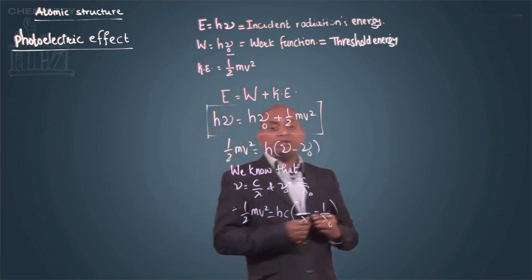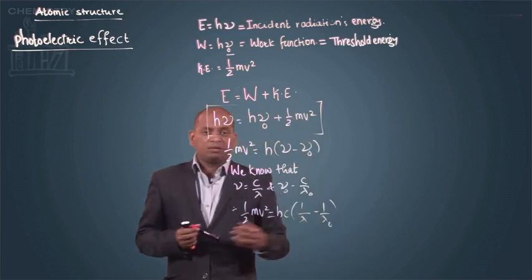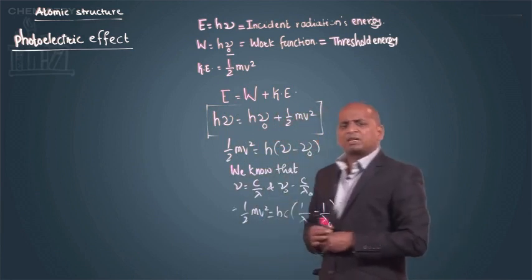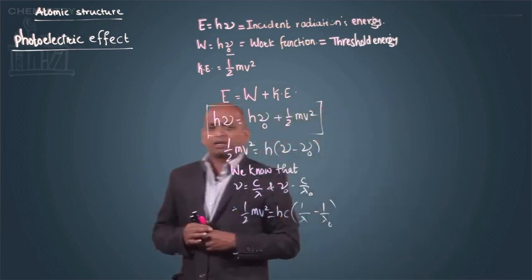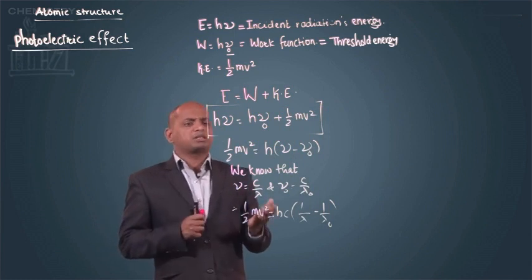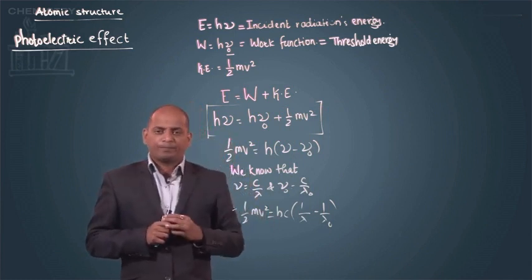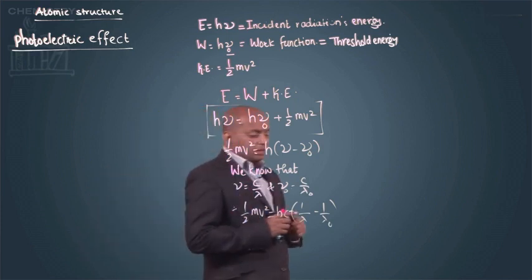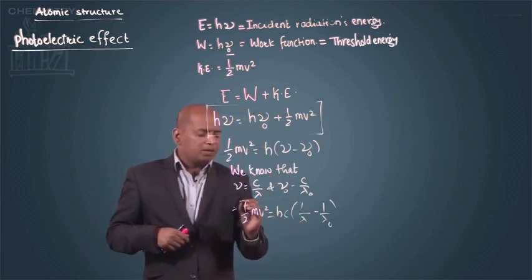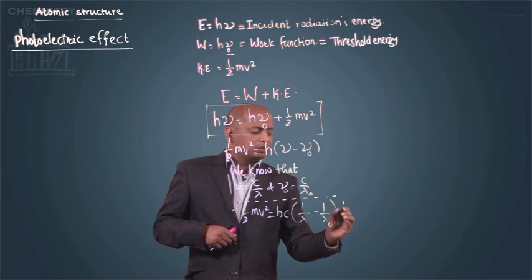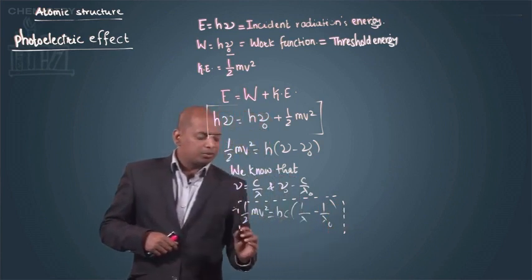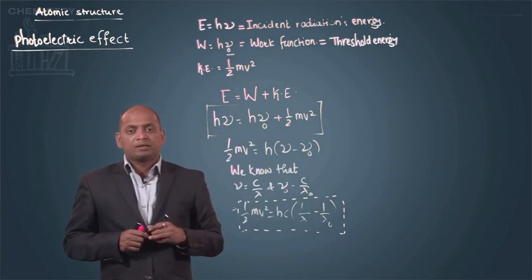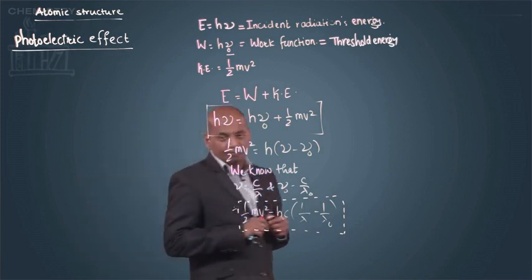So if we know the wavelength, we can calculate the kinetic energy. This way we can convert Einstein's photoelectric equation into various forms, but the basic principle is this only. These equations will help us understand the concept of the photoelectric effect. Now we will solve one problem based on it.